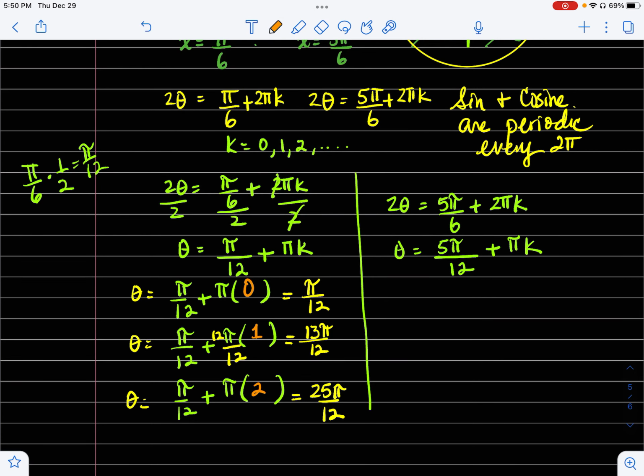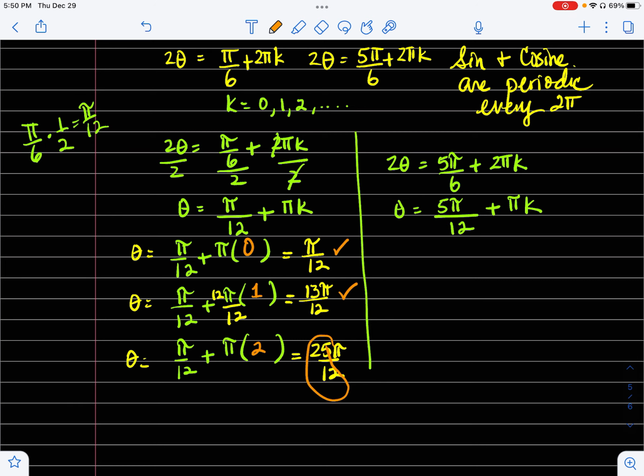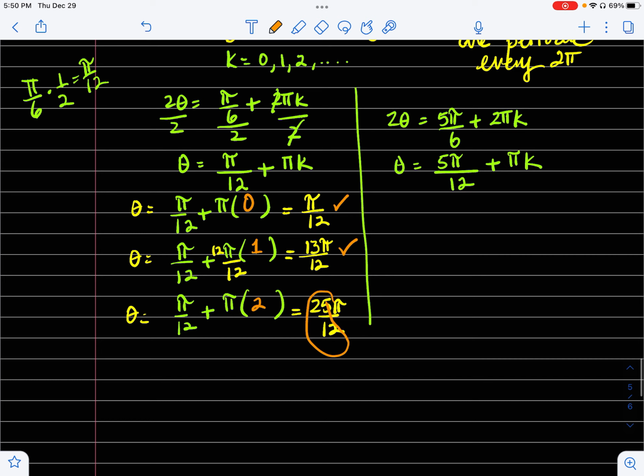Let's analyze our answers. We want to make sure we don't jump over 2 pi. So this is well within 2 pi. 13 twelfths is just a tad bit over 1. That's within 2 pi. 25 over 12. Oh, wait a second. We have bypassed 2 pi. This last solution is slightly outside of our specified domain. So I'm going to cross this out.